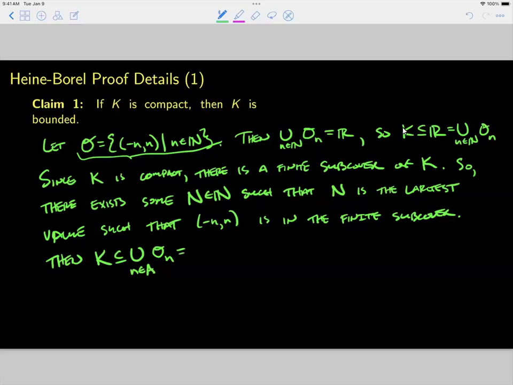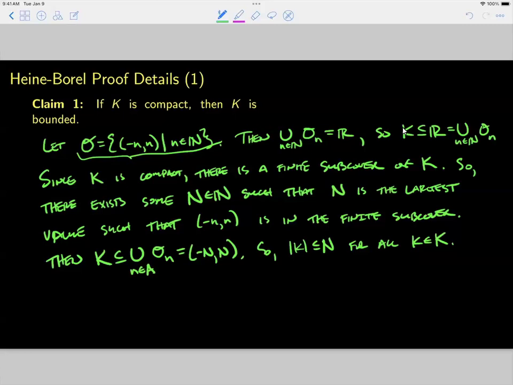And that union, I'm taking the union of all these nested intervals, it's just going to be minus N to N. So what does that tell me? That tells me all my K values are between minus N and N. So the absolute value of K has to be less than or equal to N for all K in my set, capital K. So this capital N is actually a bound.